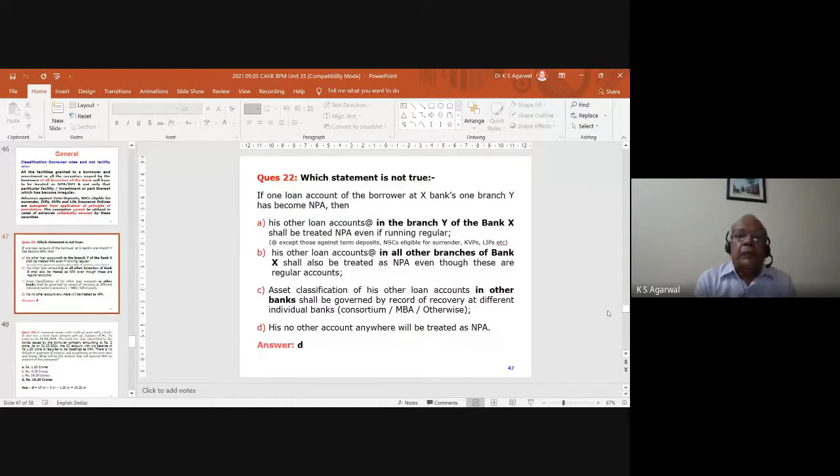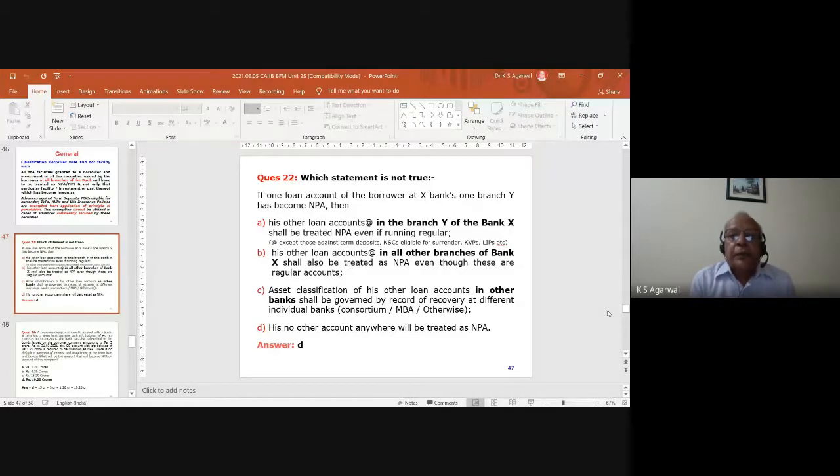Another question is, if one loan account of a borrower at bank X, at one branch Y, has become NPA, then what is the possibility? Bank's name is X and one branch is named as Y. So which statement is not true?